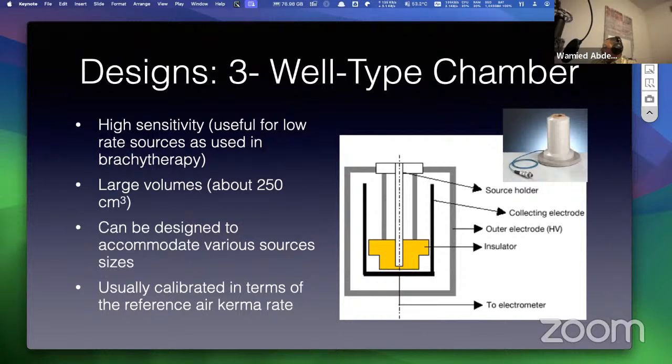Usually calibrated in terms of the reference air kerma, or they can give us the activity of the source. Typically, this is the chamber. This is the wall. So the source drops somewhere, and then we have the outer electrode. Imagine this is like 300 volts, and this is the electrode. So we're measuring in this air region.